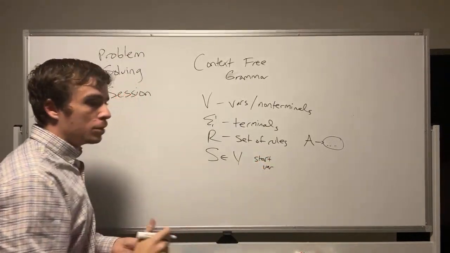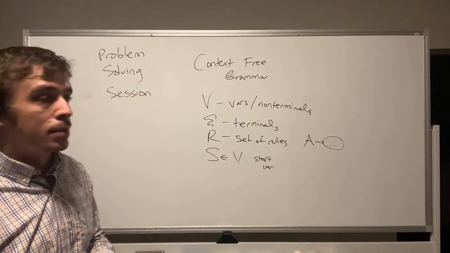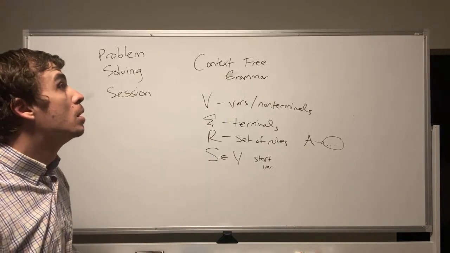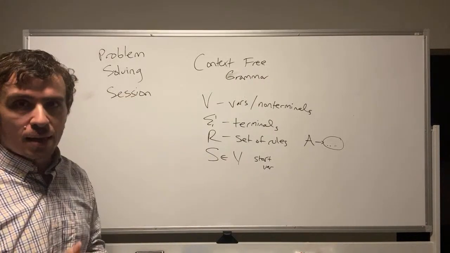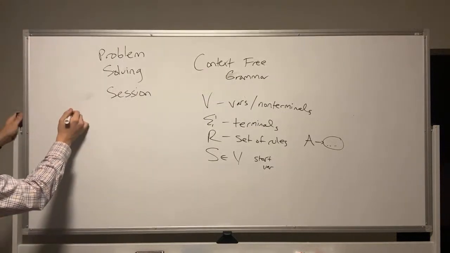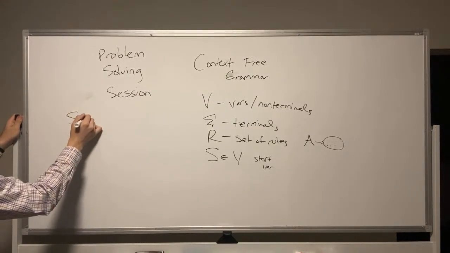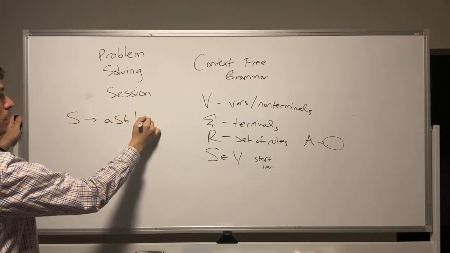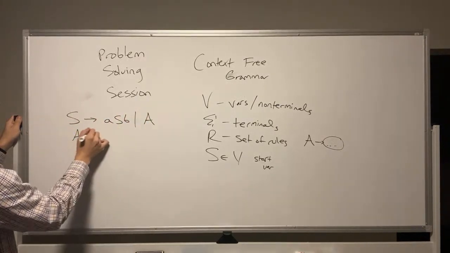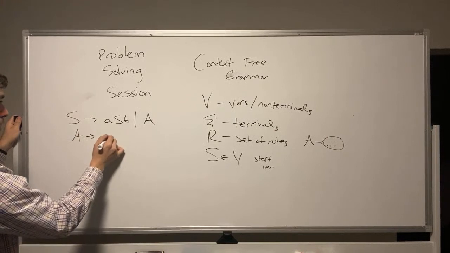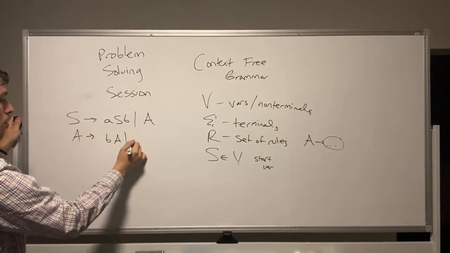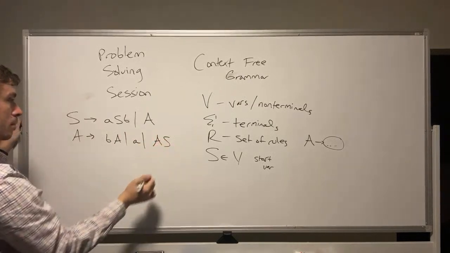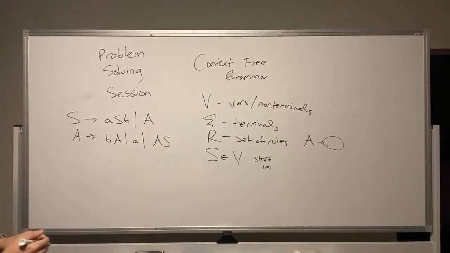Okay. So let's look at a particular grammar. Let's say that I have S going to A S B, or capital A, and A goes to, I don't know, B A, or A S. Yeah, that's perfectly fine.